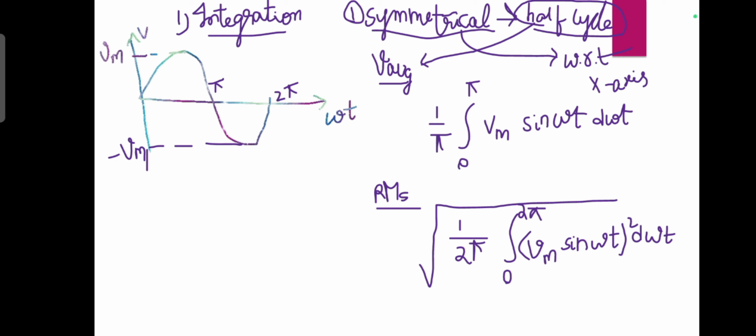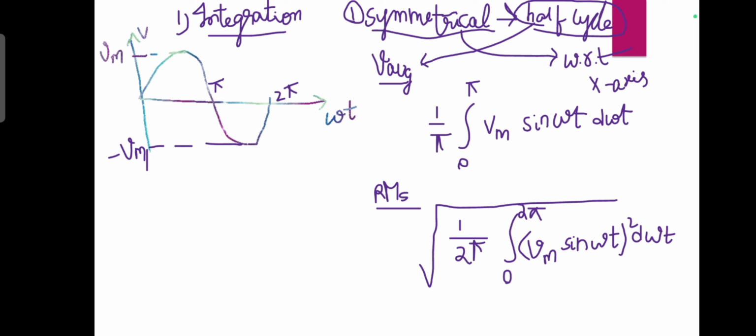The first method is integration. When finding the average value with the integration method, since the sinusoidal waveform is symmetrical, it is enough if we consider only half cycle, from 0 to pi.